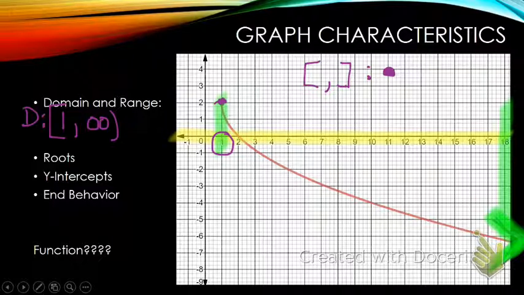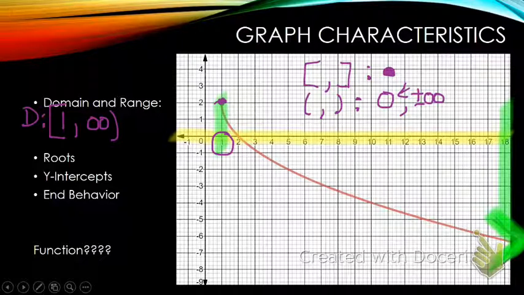The answer is no. Hopefully you said no. So we know to use parentheses when it's not equal to, or it has an open circle, a gap in your graph, so to speak, or you're dealing with infinity, whether it's positive or negative. Always use parentheses, okay?